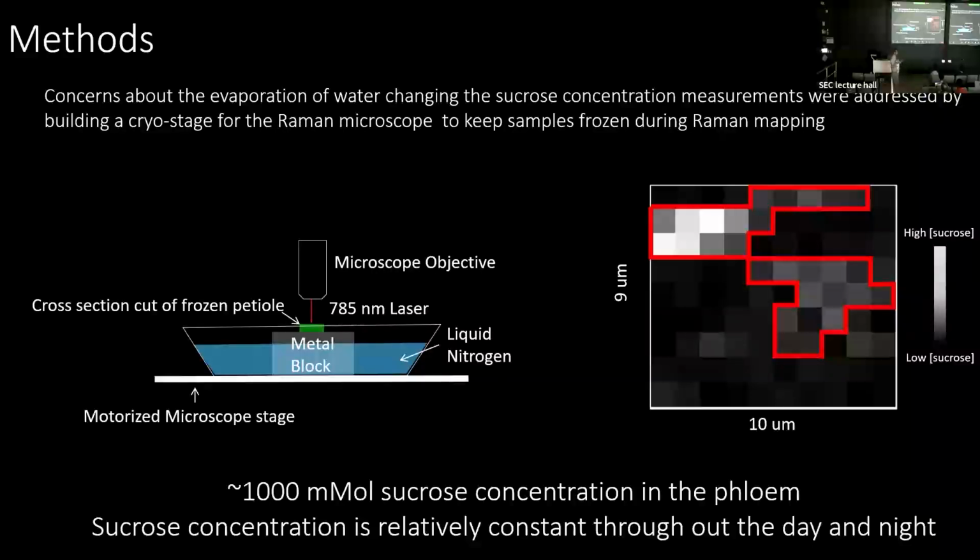There's no sun. They're not actively making sugar. Does the sugar concentration stay the same in the leaf, which would denote there's some sort of active process? The plant is pumping sugar up into the leaf to keep the concentration the same. Or is it just a passive diffusive process? So then you would expect the sugar concentration to drop during the night and then come back during the day.